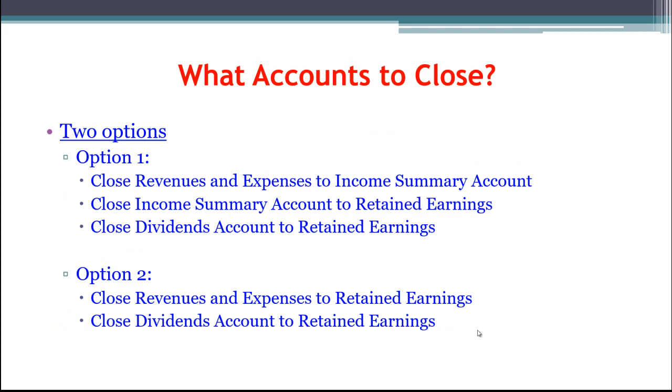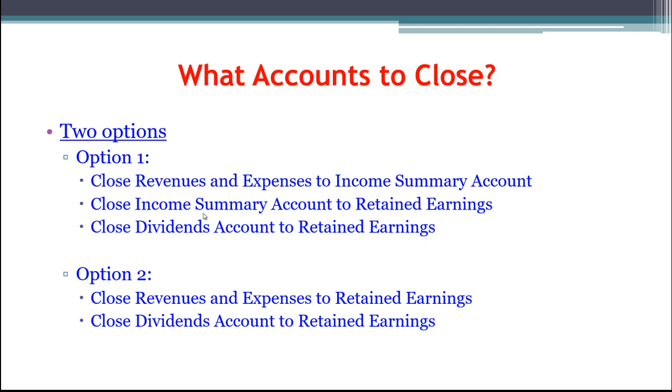Now, as far as the closing process, there are actually a couple of different options you can use. Option one is that you use, first of all, this very temporary account called the income summary account. In that case, you close out revenues and expenses to this income summary account just to give you a picture of what the net income was.